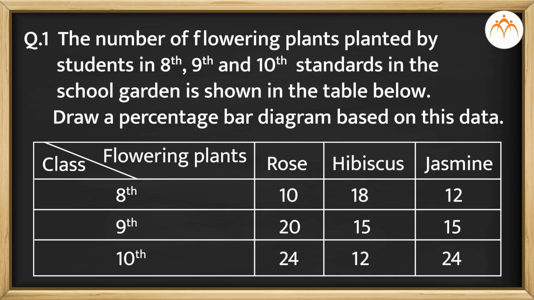Draw a percentage bar diagram based on this data. 8th standard students have planted 10 rose plants, 18 hibiscus plants and 12 jasmine plants. 9th standard students have planted 20 rose plants, 15 hibiscus plants and 15 jasmine plants. 10th standard students have planted 24 rose plants, 12 hibiscus plants and 24 jasmine plants.